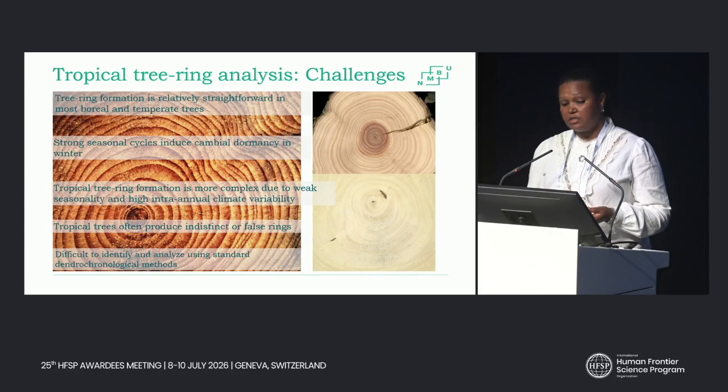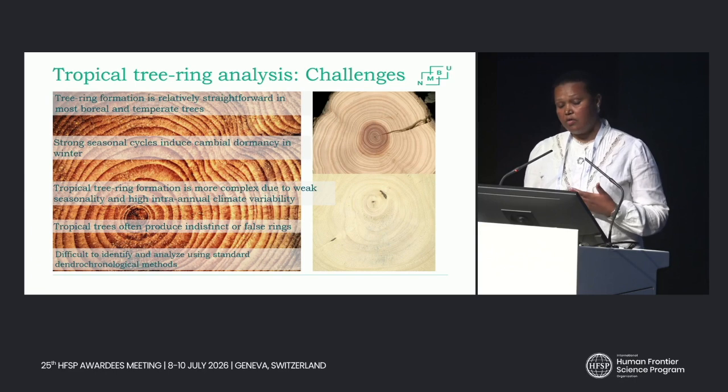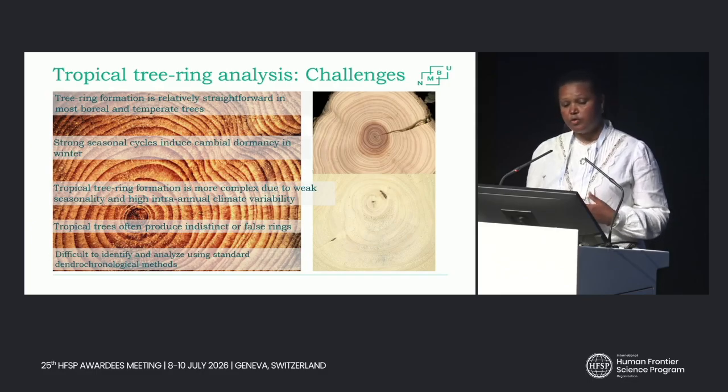But in tropical species, tree ring formation is complex because of the weak seasonality and also high intra-annual and climate variability. As a result, tropical trees often produce indistinct rings, as you can see in the lower image, or false rings or double rings.